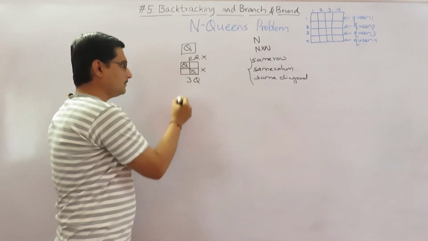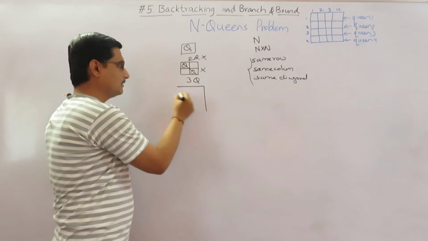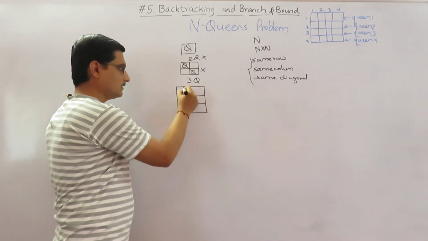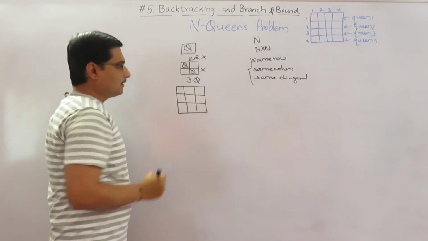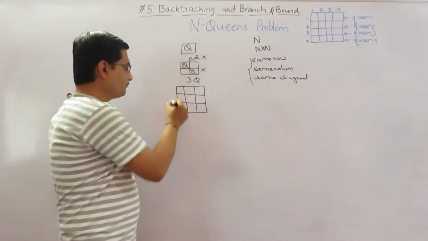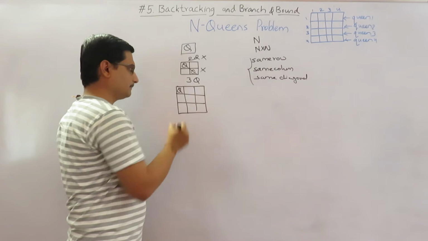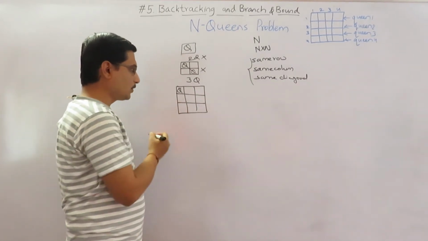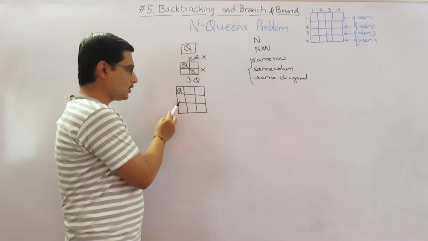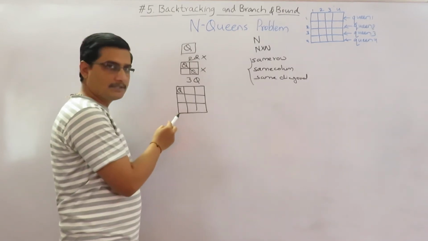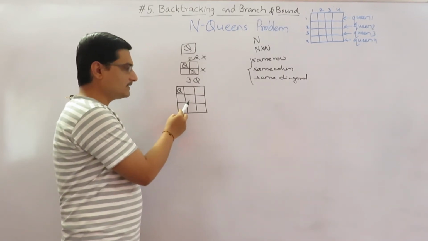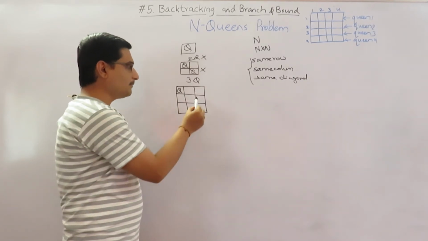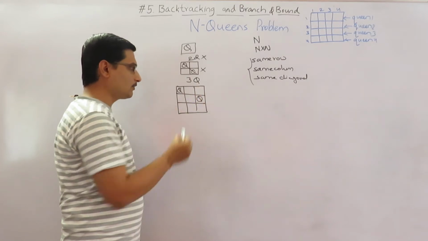Similarly, the 3 queens problem. 3 queens means there will be a 3 cross 3 chessboard. If we place the first queen here, then for the second queen we need to select the second row. We cannot place in the first column because it will become the same column. We cannot place in the second column because it will become the same diagonal. We can place the second queen in the third column.